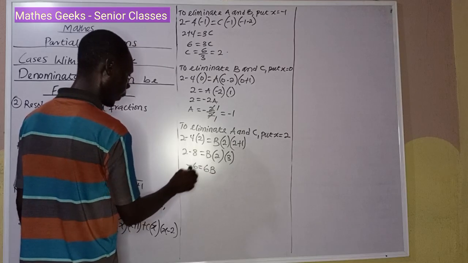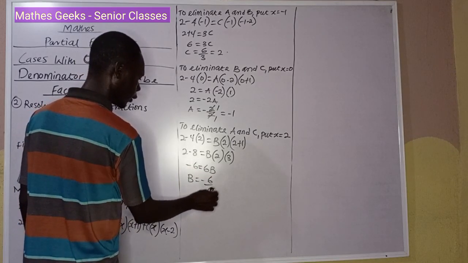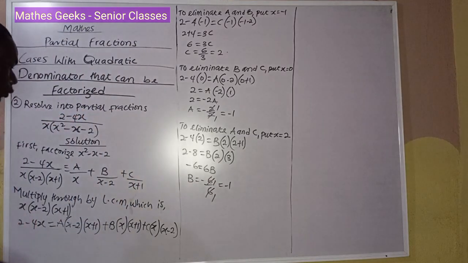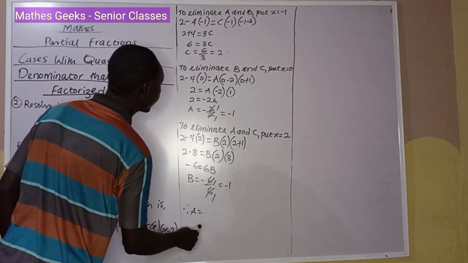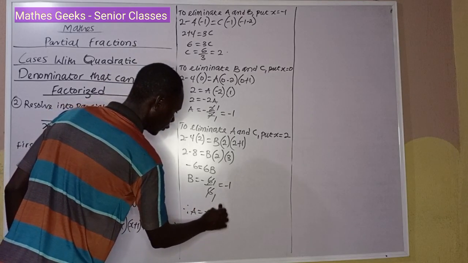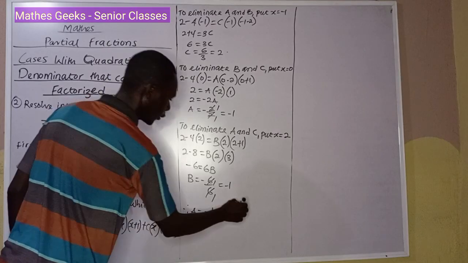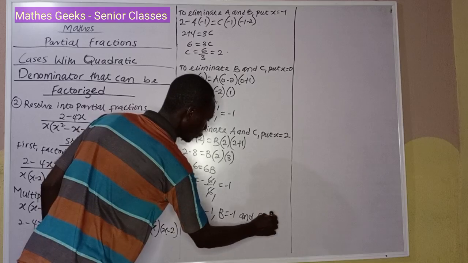That's 6b. Therefore, b is equal to minus 6 over 6, which is equal to minus 1. So therefore, a is equal to minus 1, b is equal to minus 1, and c is equal to 2.